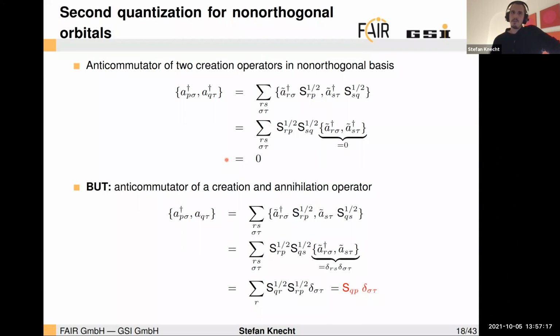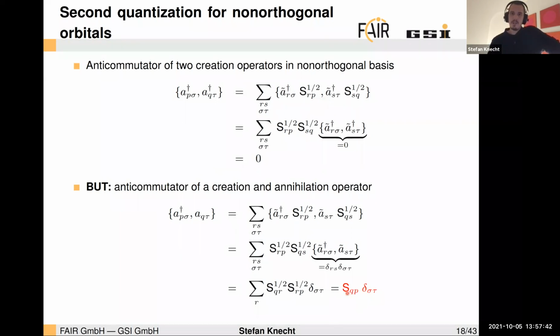anti-commutation relations for creation and annihilation operators in non-orthogonal basis. So if we do that, then we see that the anti-commutator of 2 creation operators always vanishes, as in standard second quantization theory, but the anti-commutator of a creation and annihilation operator actually does not. So it actually carries an overlap matrix element.